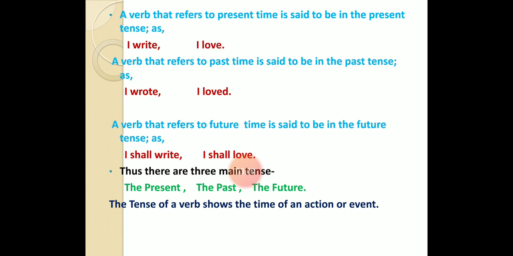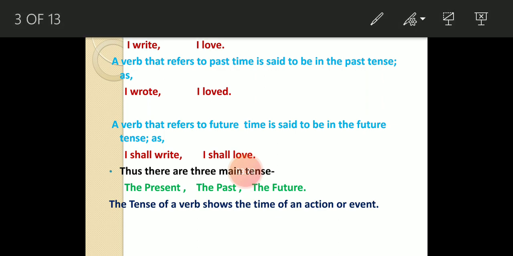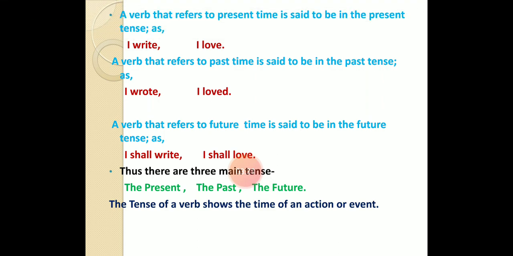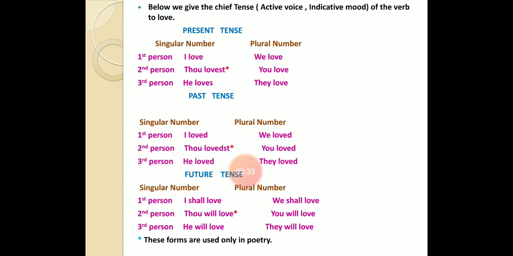So thus there are only 3 main tenses: the present tense, the past tense, and the future tense. The tense of a verb shows the time of an action or event. So below we give the chief tenses: active voice, indicative mood of the verb to love.